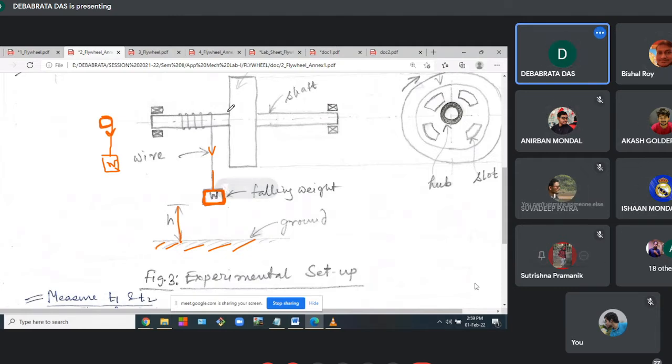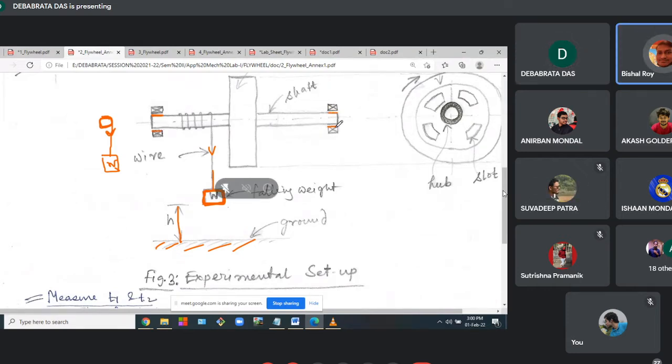In ideal condition, with no retarding effect, the moment it hits the ground it attains a certain velocity and would have run for infinite time, right? It is not an ideal condition. Why? Because there is some frictional resistance offered on the shaft through these bearings, right?